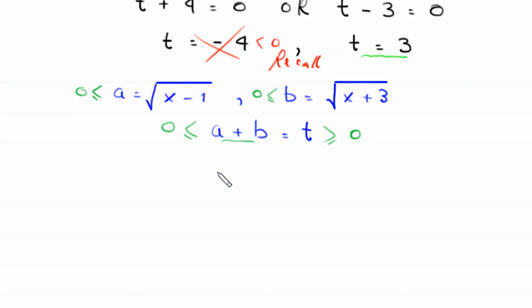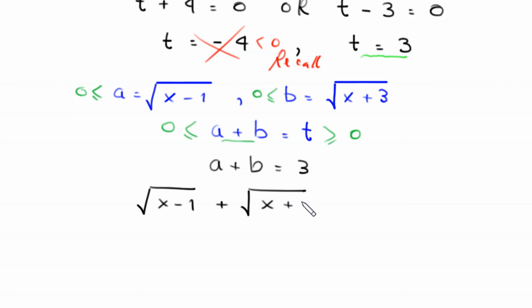So this will become a plus b is equal to 3, and a is root x minus 1. This will become root x minus 1 plus b is root x plus 3, root x plus 3 equal to 3, and from here we take square of both sides.